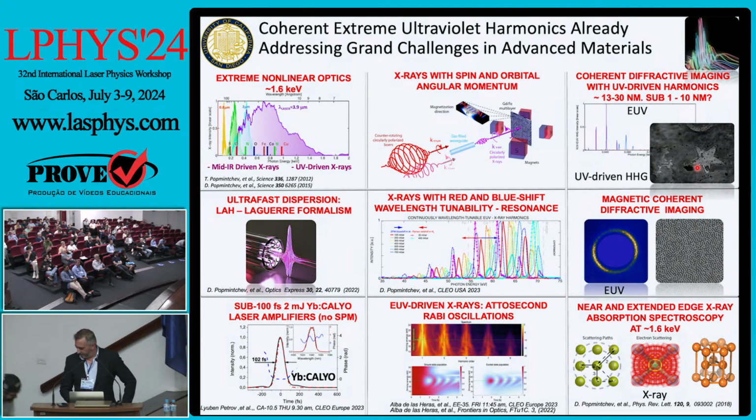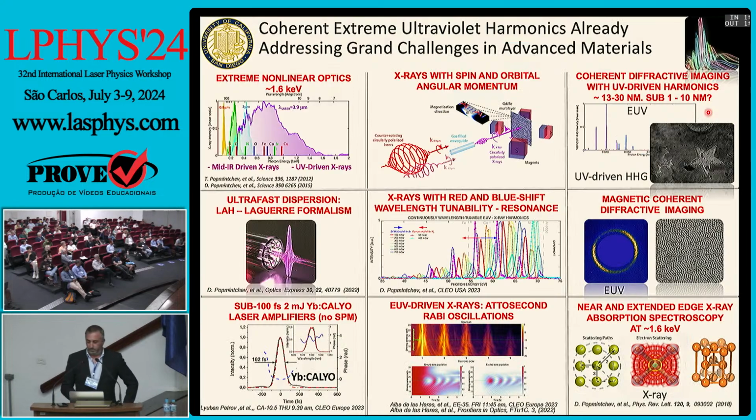The question is if we can extend this also into the soft X-ray region of the spectrum with near wavelength resolution. We already have light there. Can we have the brightness as well?